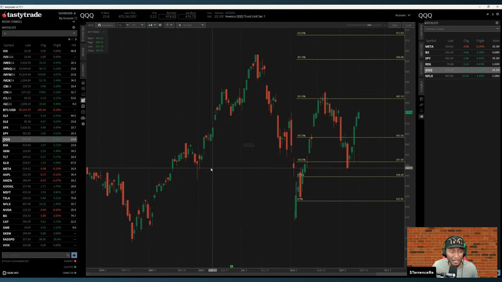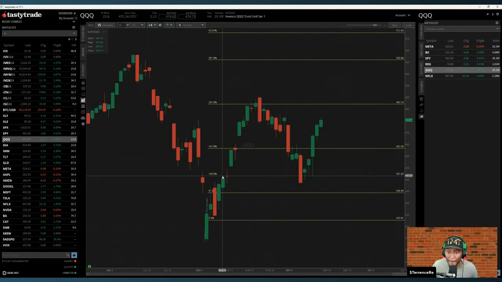Those are the stocks that are in your QQQ. The triple Qs generally has larger swings than the S&P 500. So most of the time, not all the time, if you get a move in the SPY, then you'll get an exaggerated move in the Nasdaq because the tech companies tend to move faster, right?